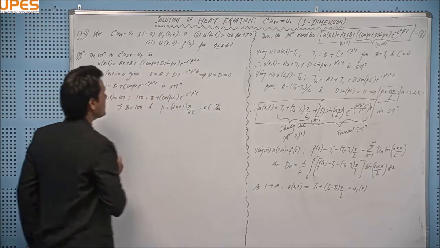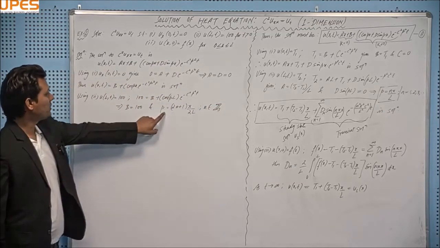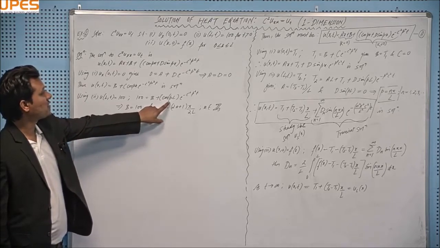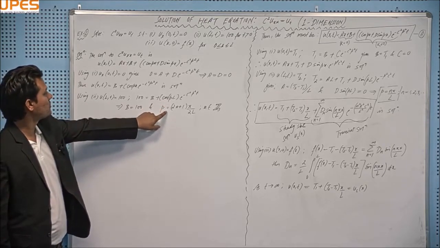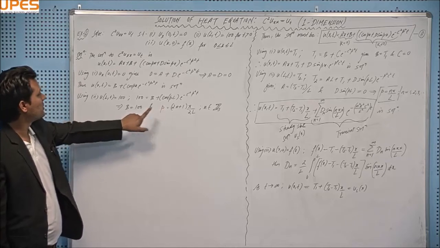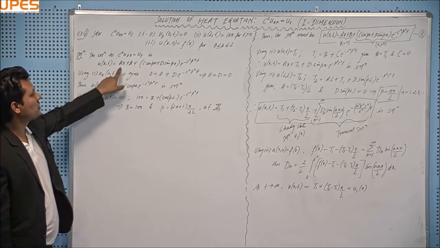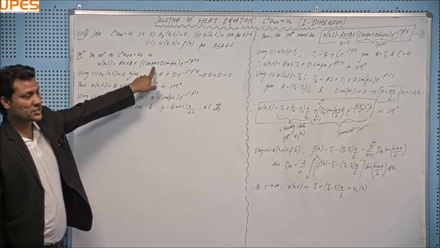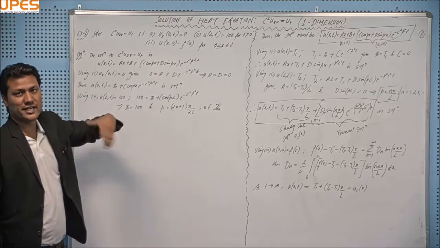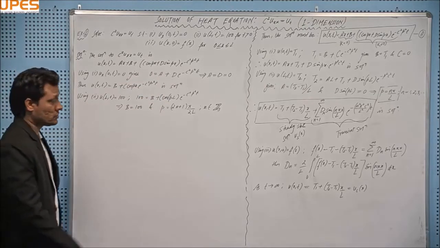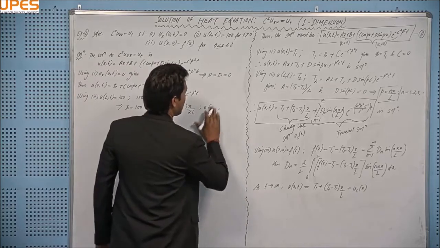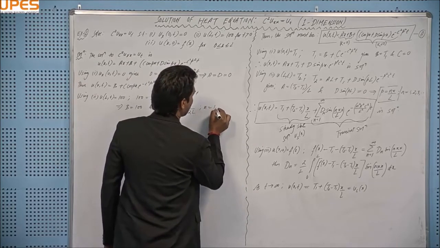But since I am dealing with this p present in the transient state solution, if you look closely, this p is not present in the steady state solution. This p is present in the transient state solution. So taking n equal to 0 will be nonsense. So avoid n equal to 0 and negative values. So you take n equal to 1, 2, 3, and so on.